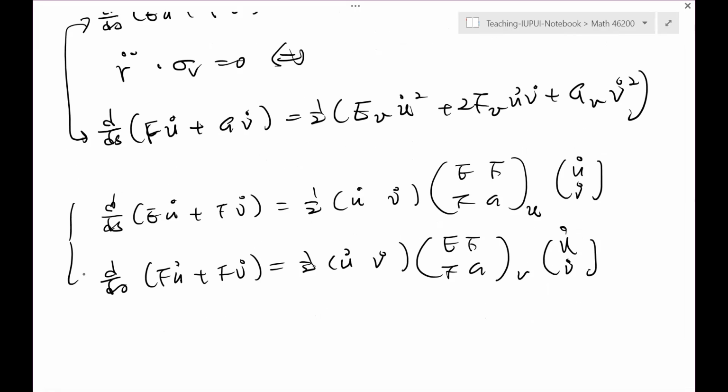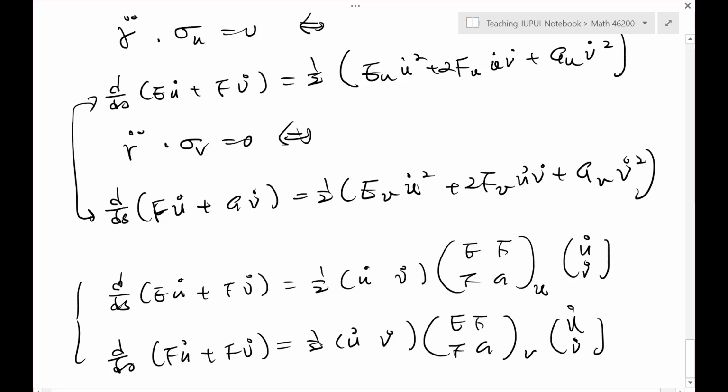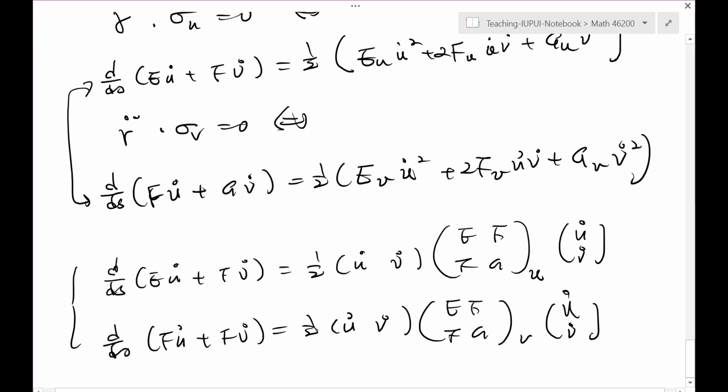I think the first equation is more useful, and the first theorem is more interesting than this one. This one you can use to solve equations.